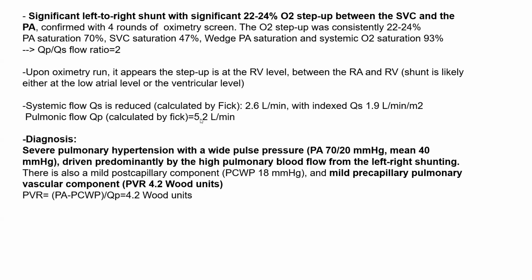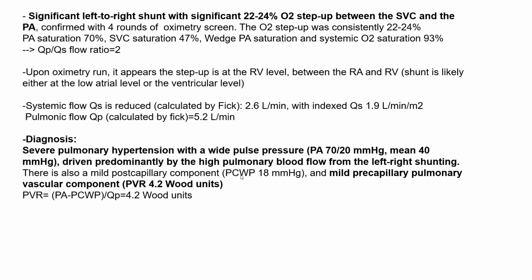And as a result of this math, we were able to calculate PVR, which is mean PA 40 minus 18 divided by QP of 5.2, equals 4.2 Wood units. And the final diagnosis is severe pulmonary hypertension with a wide PA pulse pressure, 70/20 with a mean of 40, driven predominantly by the high pulmonary blood flow from the left to right shunting.